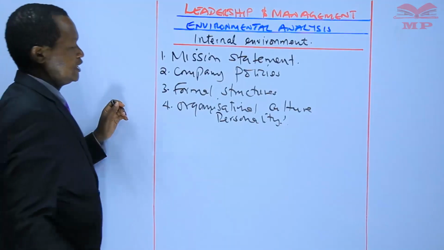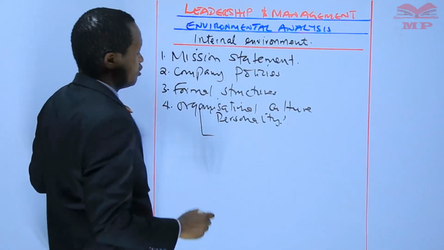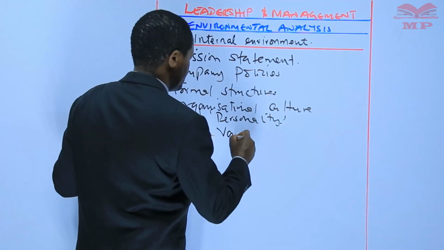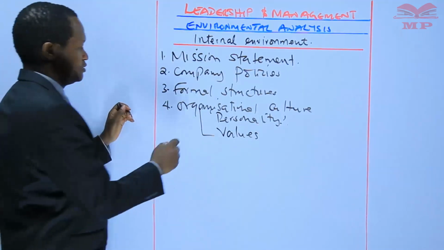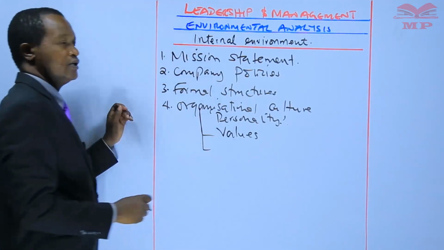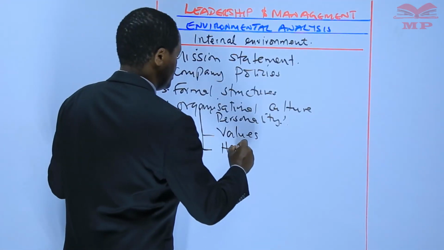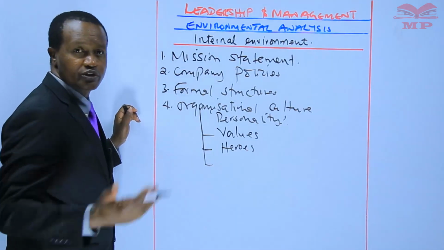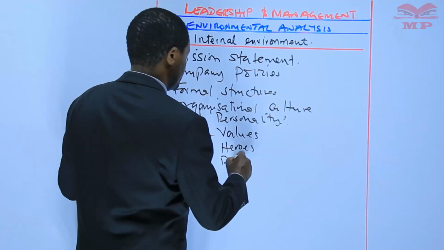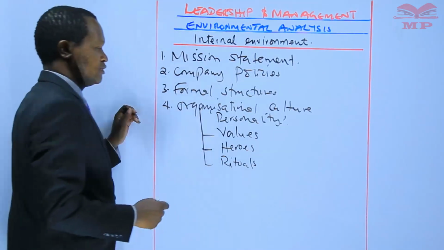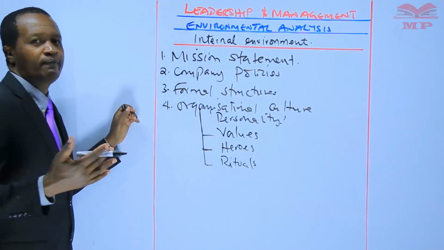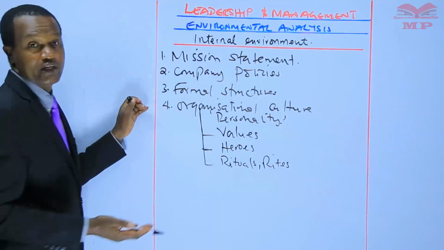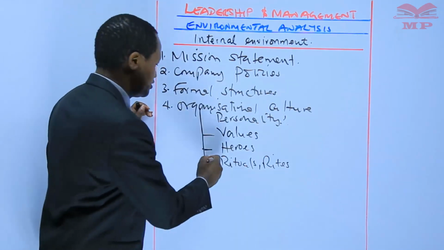Some of the components of organizational culture we have are values, heroes, rituals, or what we call rites, and social network.